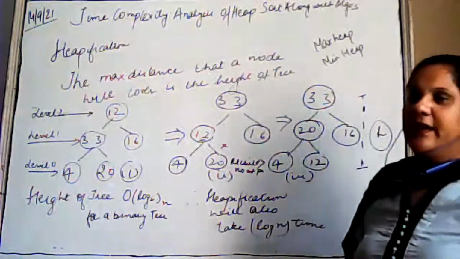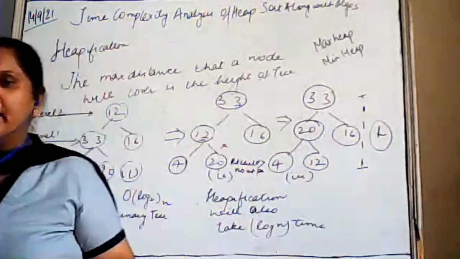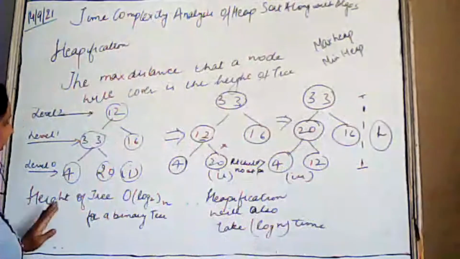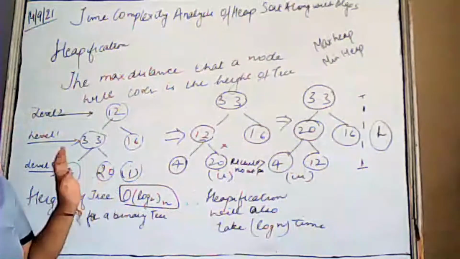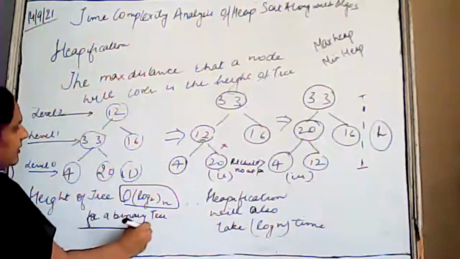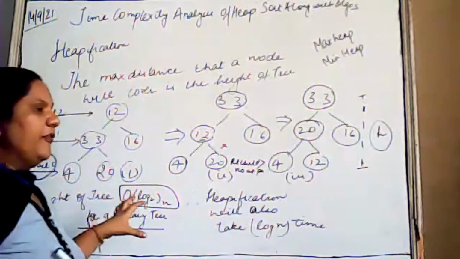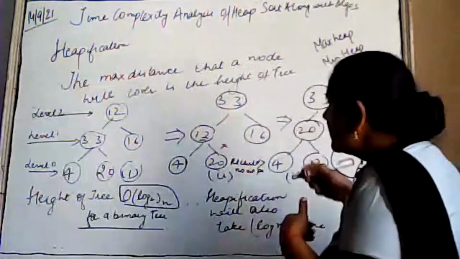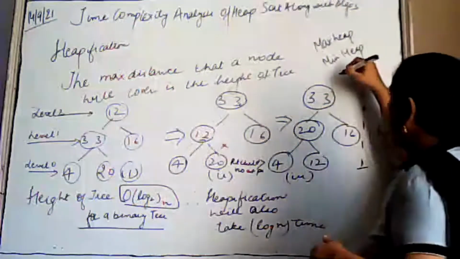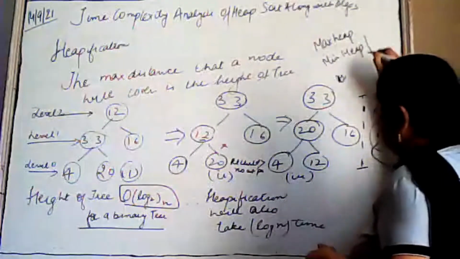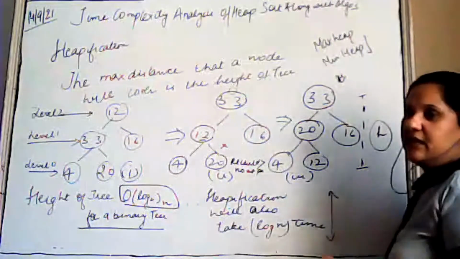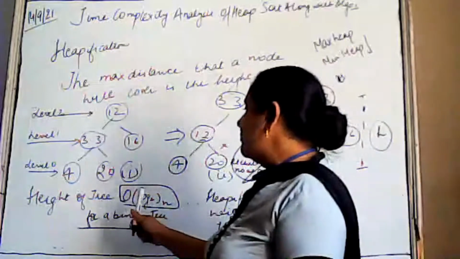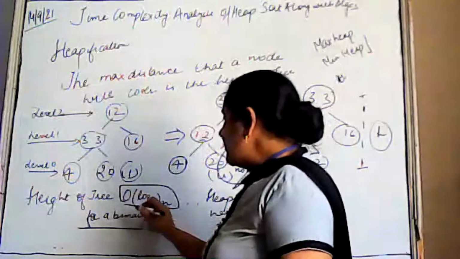It is represented by H. So the height of the tree is O(log n). This we have done: for a complete binary tree it is O(log n). So if heapification is just swapping the nodes in order to make a max heap or a min heap, it will also take time equal to the height of the tree, that is log n.